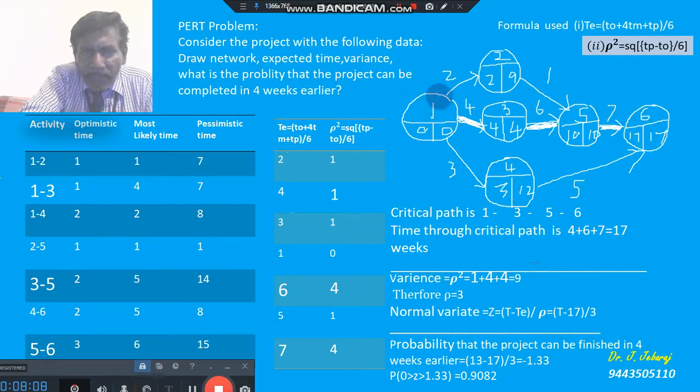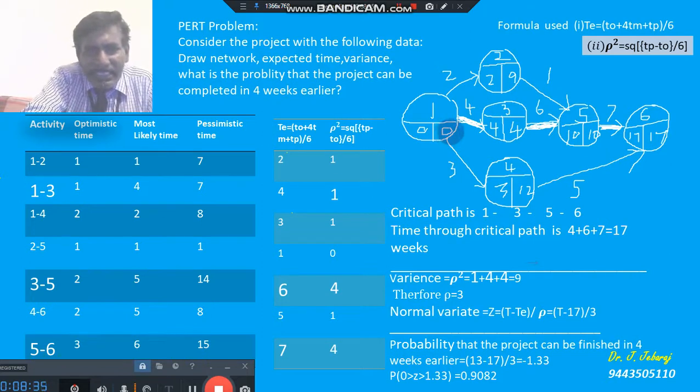Am I correct? But look at this, it has 3 latest times, through this way and through this way. So here we have to write the minimum latest time. That's the rule of drawing the project network. So 9 minus 2, 7 will come here, 4 minus 4, 0 will come here, and 12 minus 3, 9 will come here.